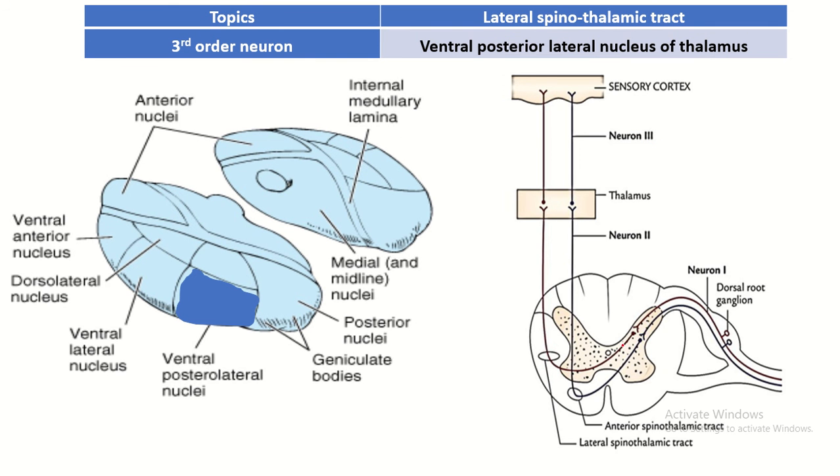After synapsing with the second order neuron, this is the first order neuron present within the dorsal root ganglia. This is the second order neuron, which is present within the substantia gelatinosa. Substantia gelatinosa is present at the dorsal horn of the gray matter of the spinal cord.